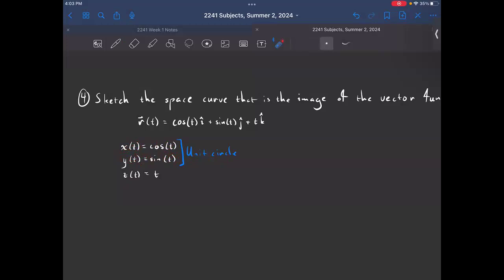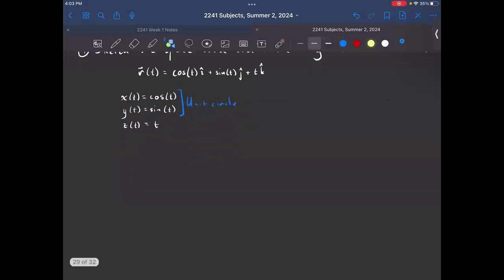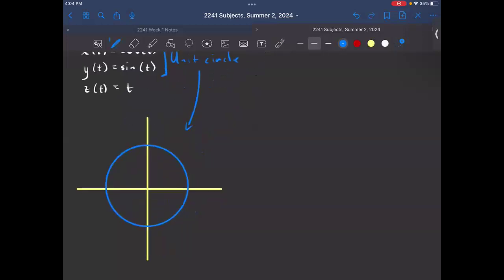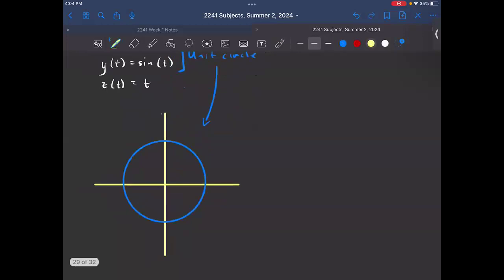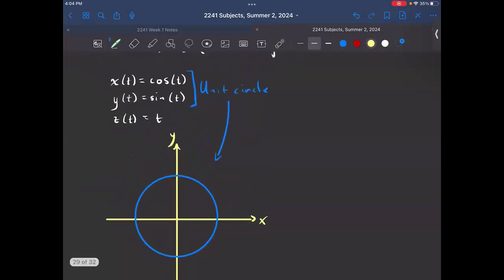All right, so we know that the projection of this curve in the xy plane then looks like this. So, unit circle in the xy plane. And let's think about how this is traced out.